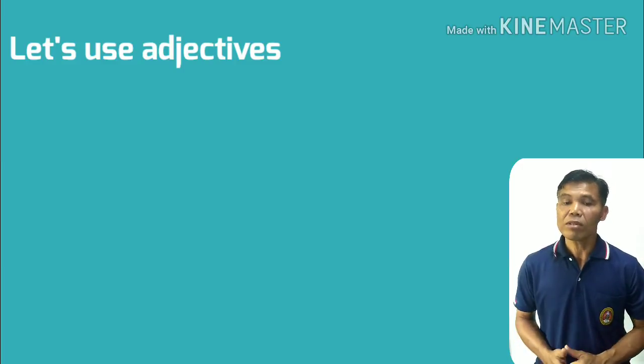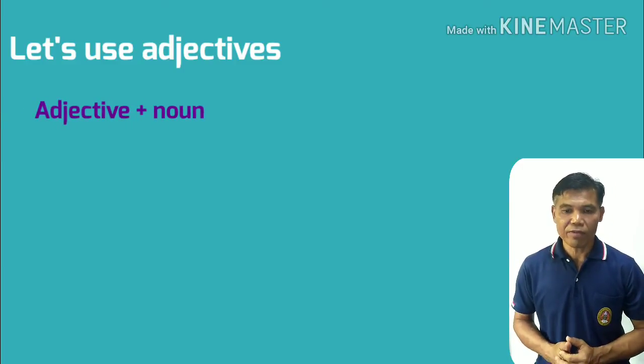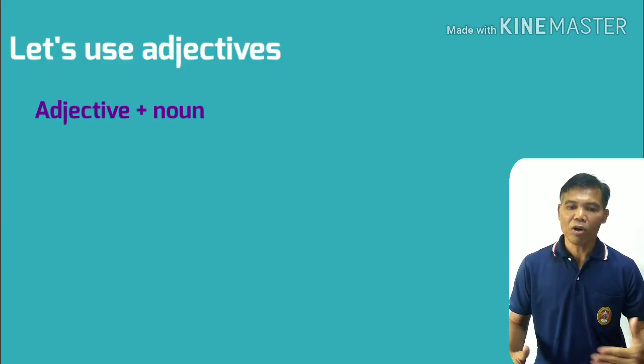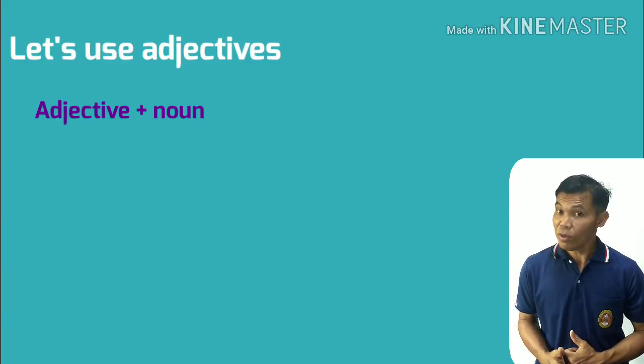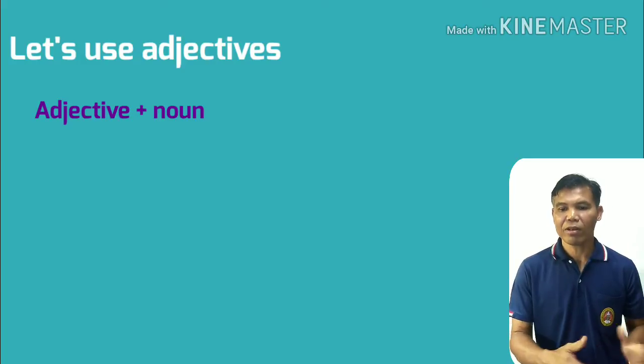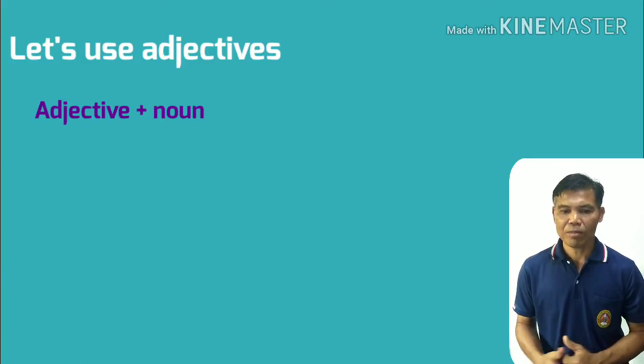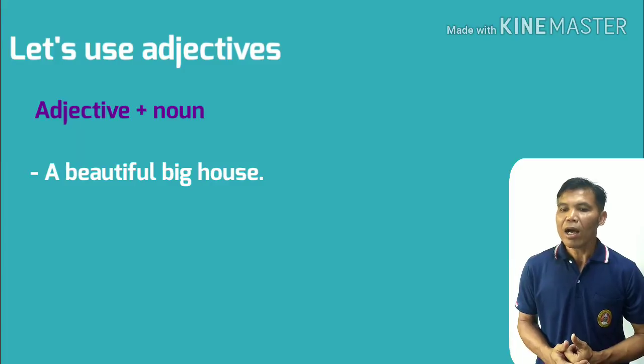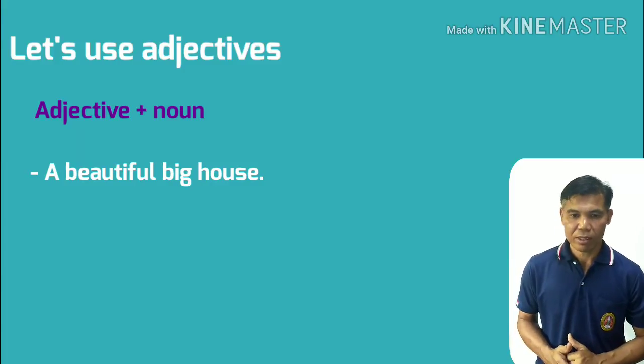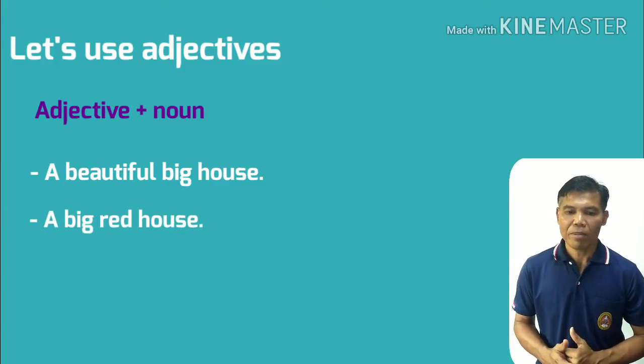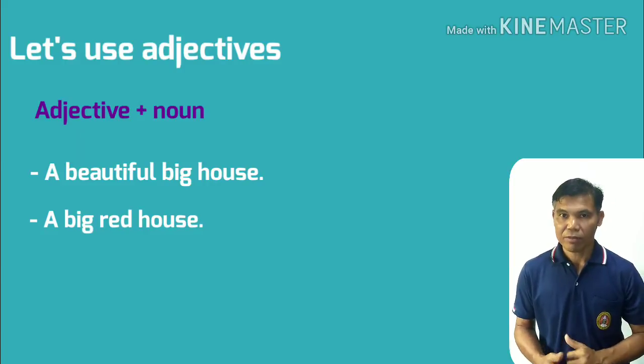To describe nouns, we put adjective in front of the noun that we want to describe. If we want, we can put more than one adjective in front of the noun. For example, a beautiful big house, a big red house.